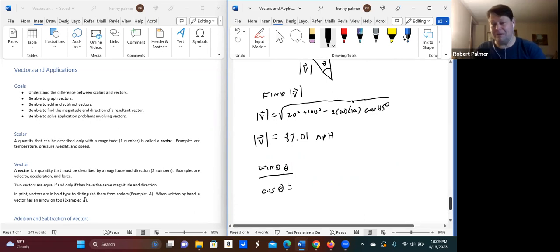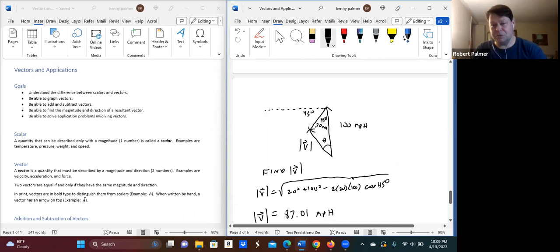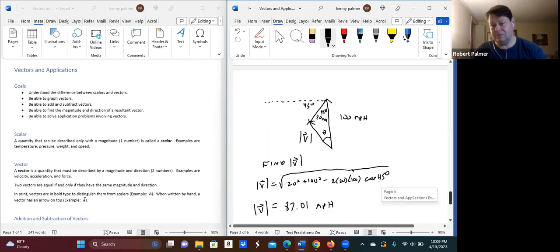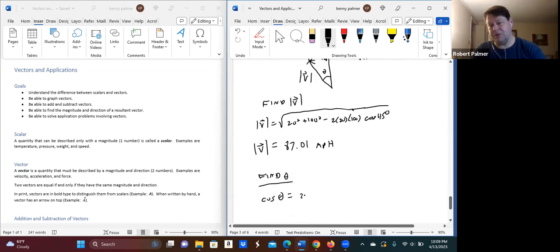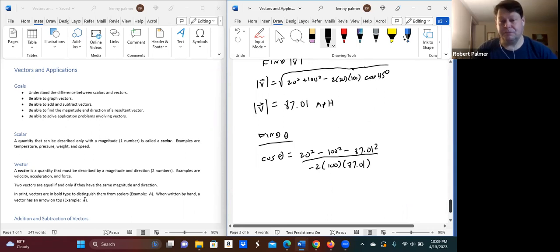Cosine of theta is going to be the opposite side, which is 20 squared minus the squares of the other 2 sides, 100 squared minus 87.01 squared, all divided by minus 2 times these other 2 sides, 100 and 87.01.